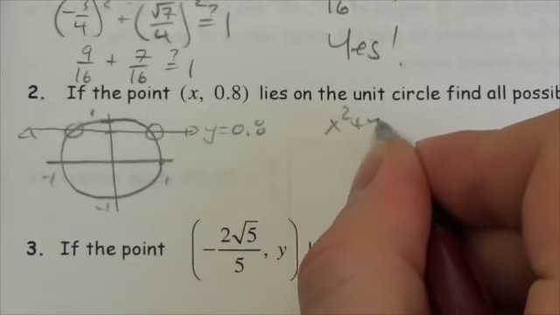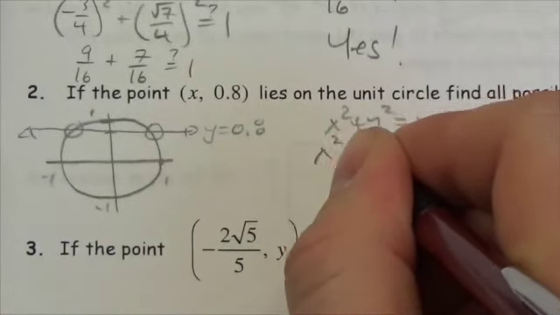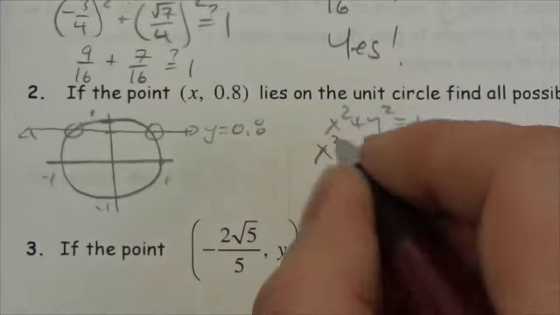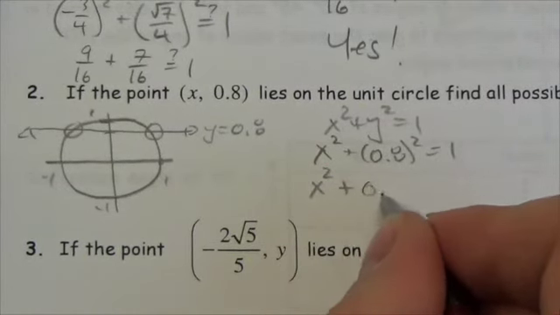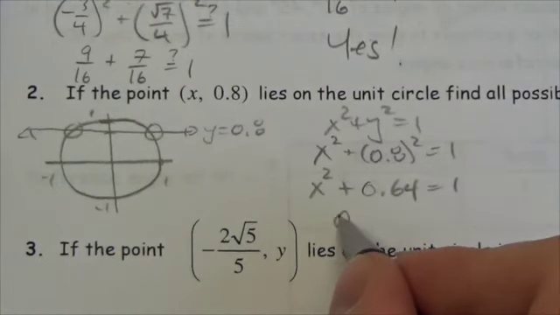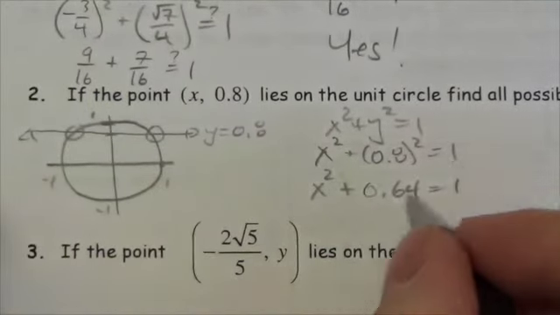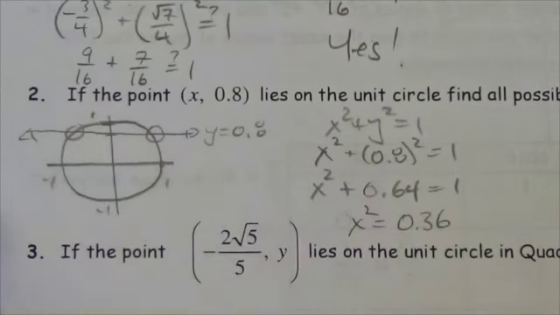Now, let's plug these things into the unit circle. So remember, that's x squared plus y squared is equal to 1. I don't know what x is. I know that y is 0.8. So 0.8 squared is going to be 0.64 equals 1. So I'll bring the 0.64 over. So x squared is going to equal 0.36.